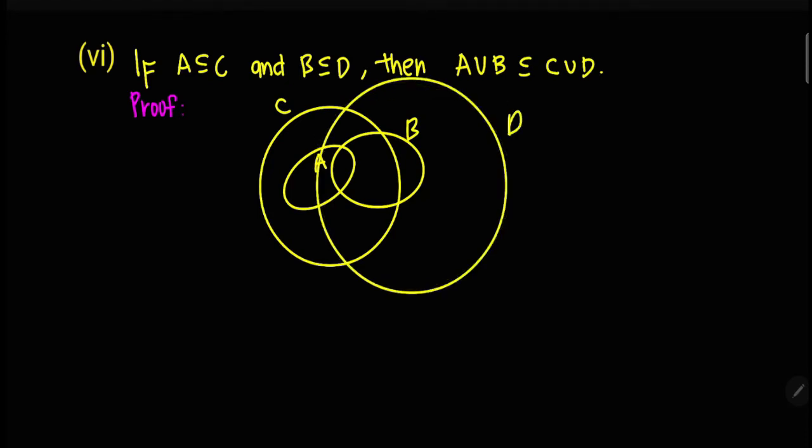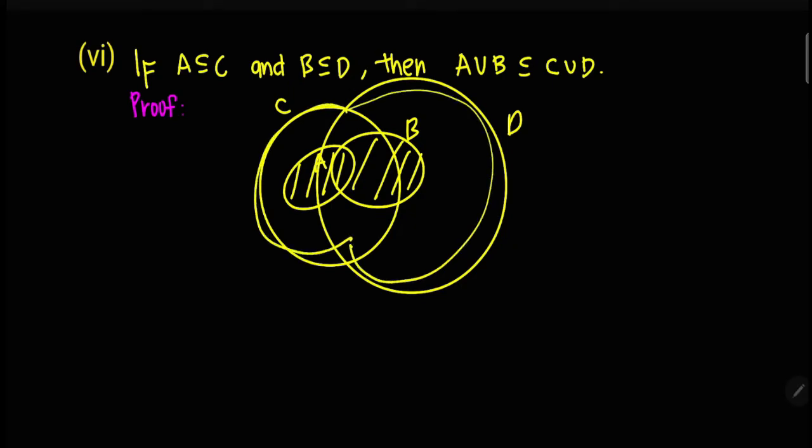So the union of A and B, this set here, is a subset of the union of C and D. Well, we know that the union of C and D is the whole set here.